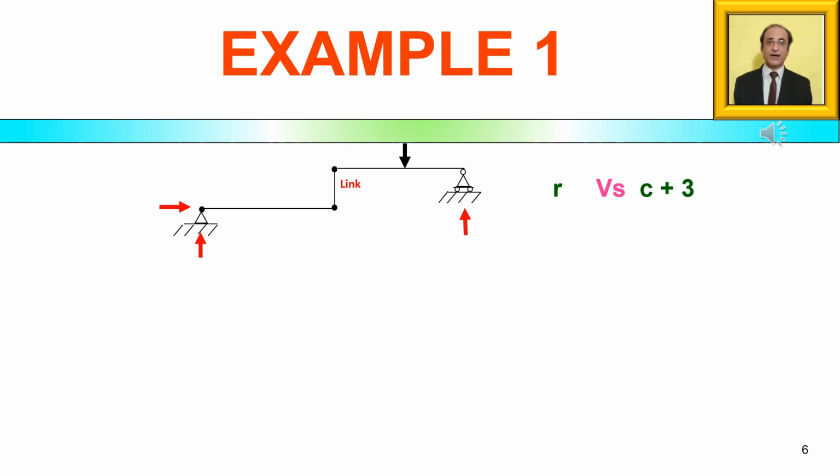So the first step is that we do a comparison between R and C plus 3. So here, what is R? What we find, the total number of reactions are 3. Now come to the point of C. So think of how many conditions of construction are there in the structure. I give you 30 seconds to think about.